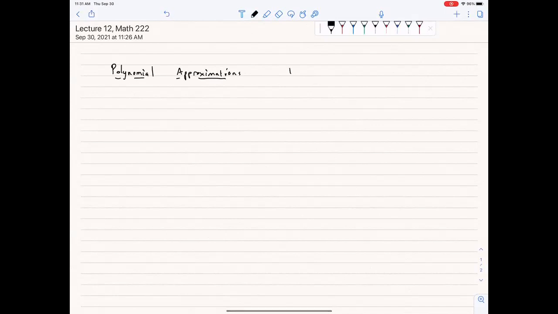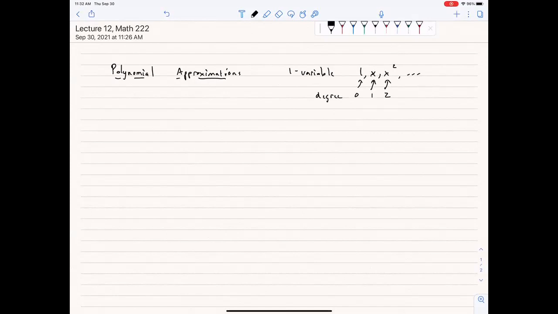So in one variable, we have monomials 1, x, x squared, etc. And then each of these has a degree. So we get the degree 0, degree 1 terms, degree 2, and so on. Now, it's pretty straightforward in one variable because there's only one monomial in any given degree.